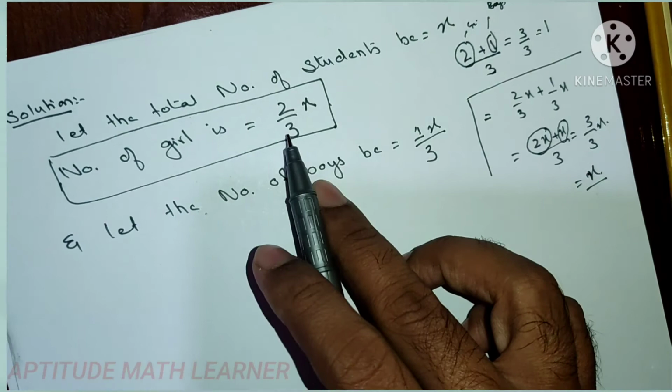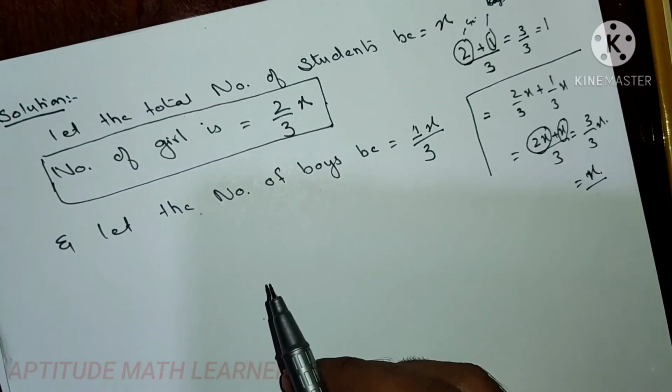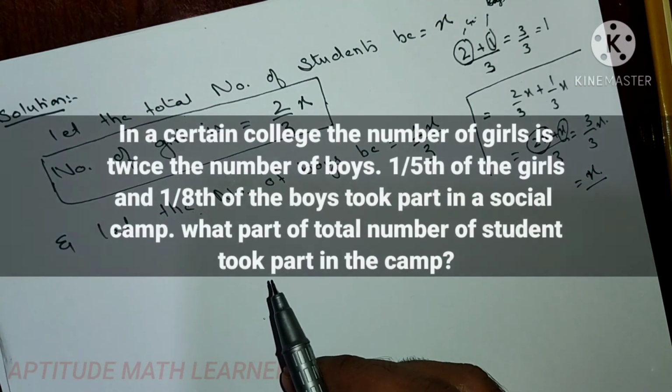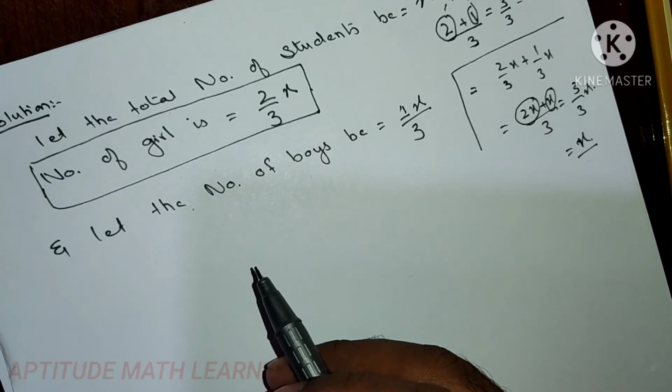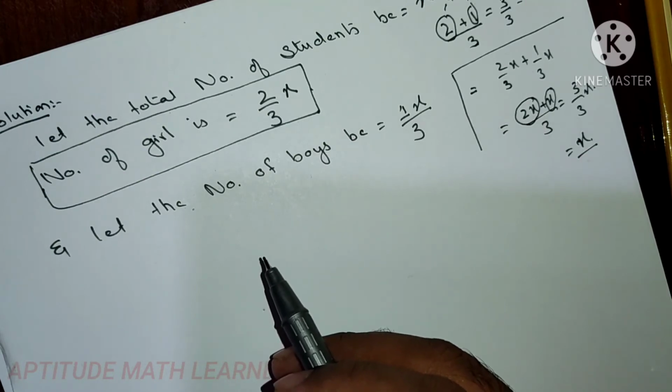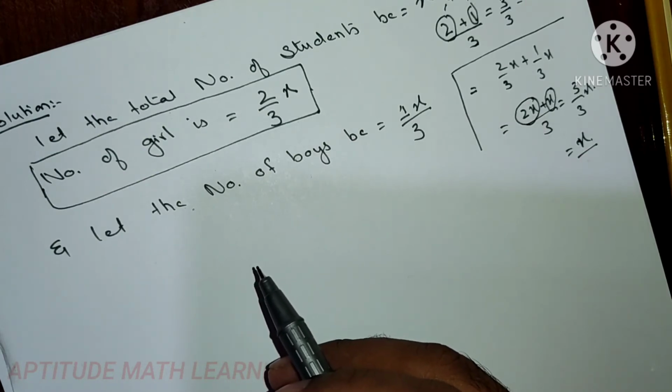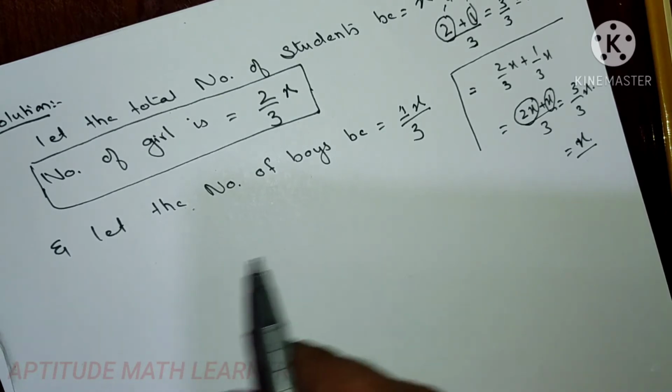Now we have got the number of boys as well as the number of girls. Okay, according to the question, 1/5 of the girls and 1/8 of the boys took part in a social camp. So what portion of girls and what portion of boys among the total students took part in the camp?